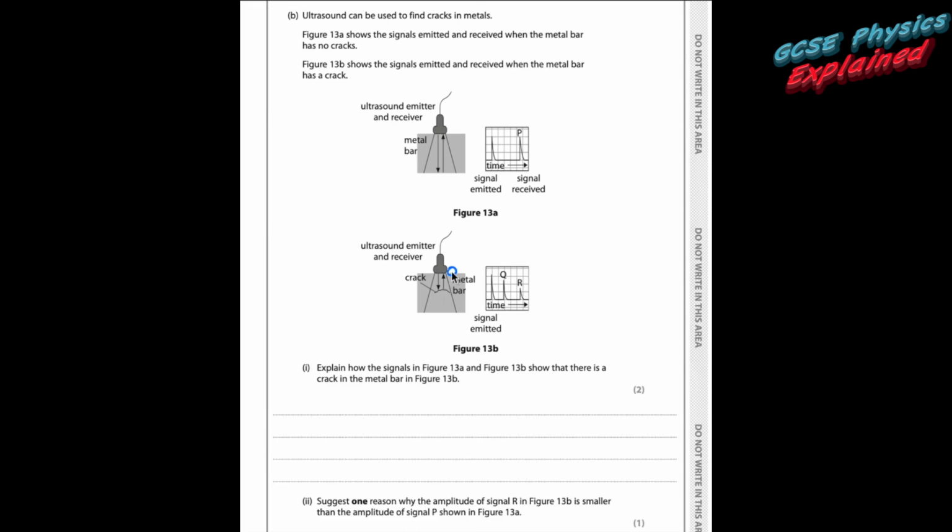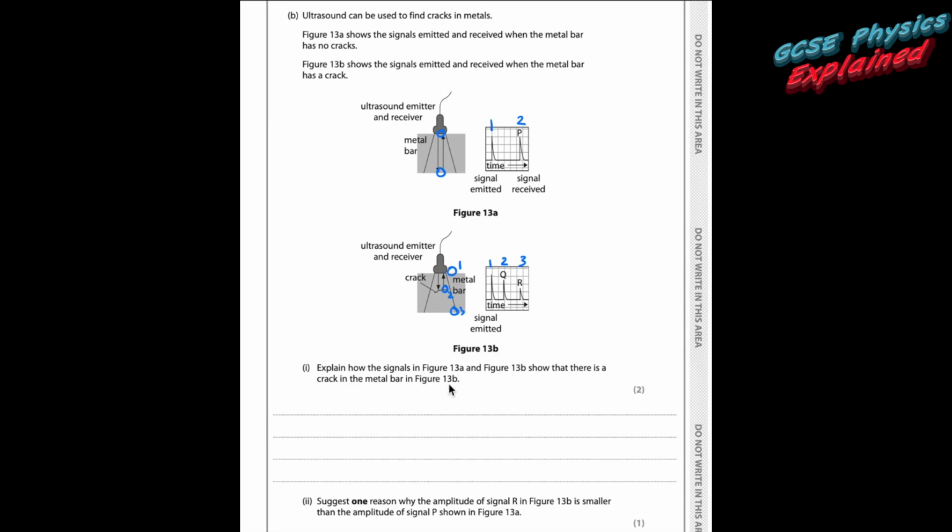So you've got a change of density at the front where the air meets the metal, a change of density at the back where the metal meets the air, and if there's a crack in the middle, that's going to have a little bit of air in as well. So you've got another change of density there. So reflection 1, reflection 2, reflection 3, whereas here you just had reflection 1, reflection 2.